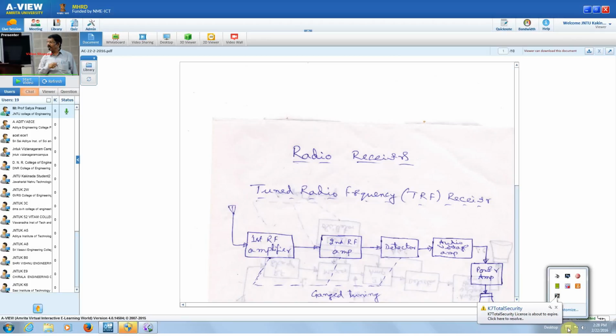Therefore, at shortwave frequency ranges, this type of receiver will not be functional. At low or medium frequencies this may be operational, but at shortwave frequencies it becomes unstable or likely to become unstable. Therefore, this is the disadvantage of your TRF receiver.